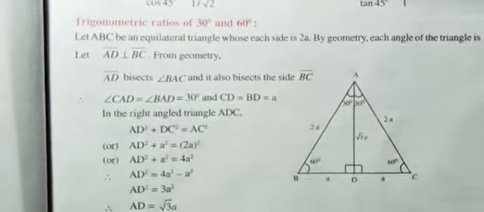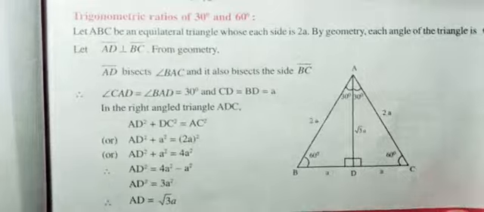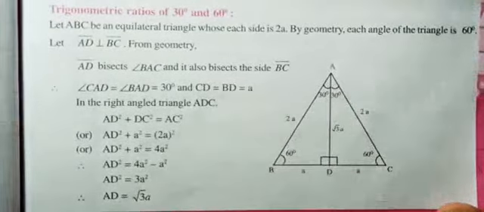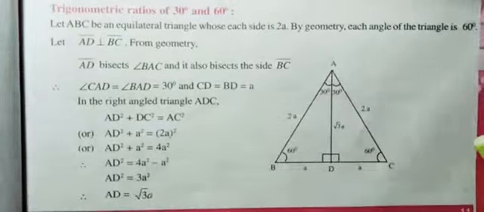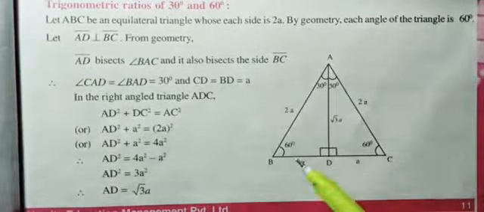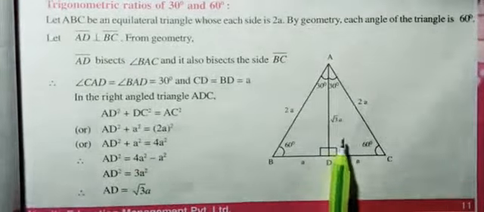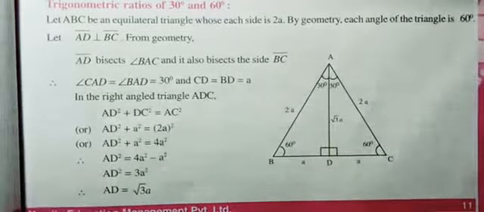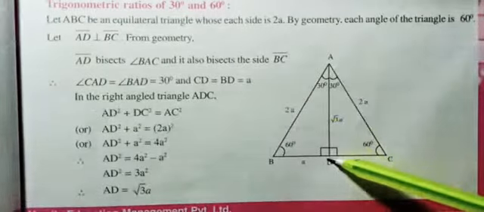Now for that we have to take a triangle of this shape. The triangle is given here, this type of triangle. Okay, an equilateral triangle of side A. Now we have to draw a perpendicular from it, AD perpendicular.